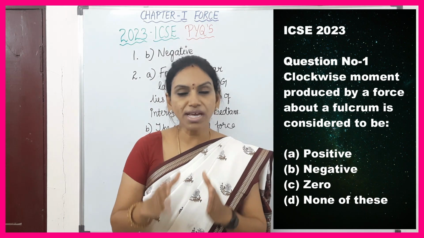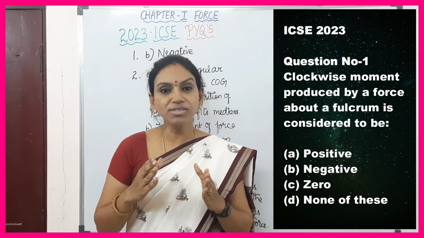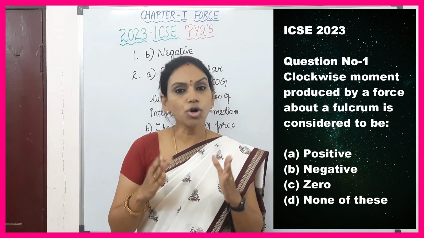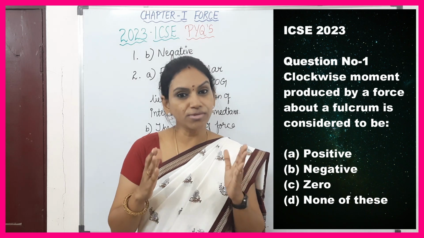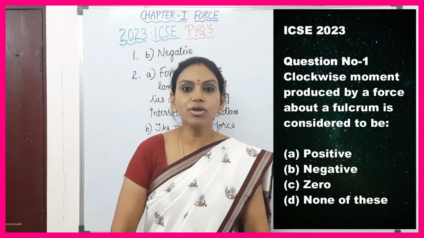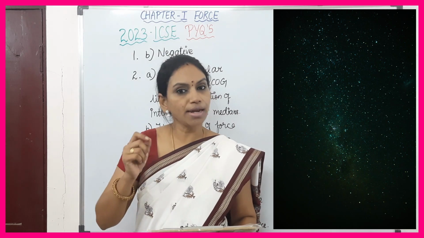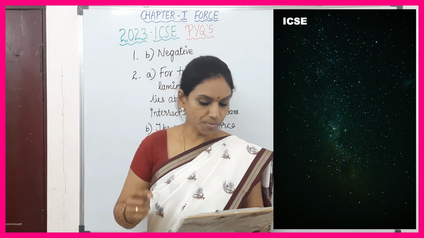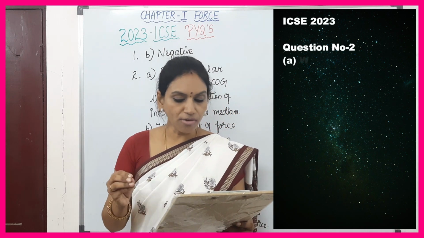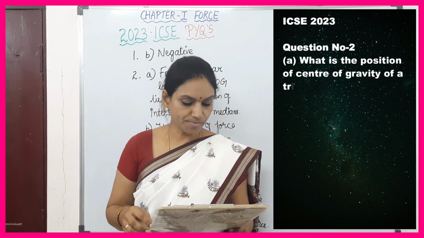Now in the same section, the question I read out is the 1 mark question. They have asked one more question in the same section. Let me read it out for you. The question has 2 parts, A and B. Part A: What is the position of center of gravity of a triangular lamina?